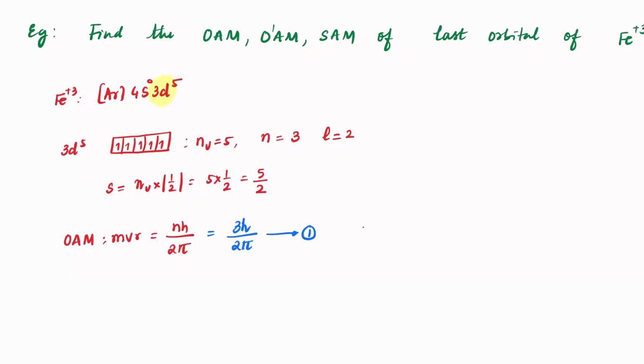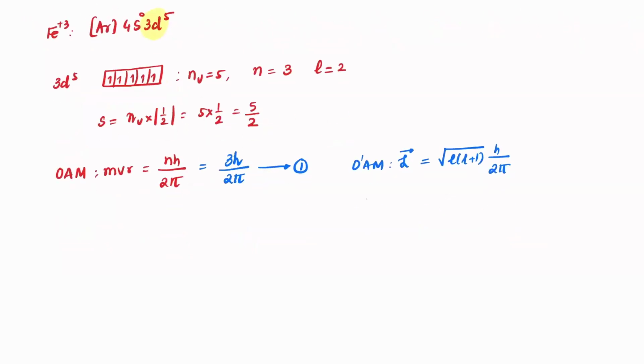Second, orbital angular momentum, which is written as L vector, is equal to under root of L into L plus 1 h by 2 pi. L value is 2, so under root of 2 into 2 plus 1 h by 2 pi. That is equal to root 6 h by 2 pi.